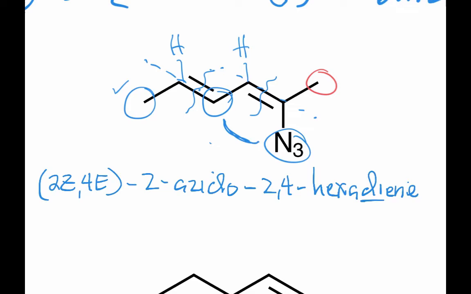All right, I've got the 2 because I've got the 2 double bonds at the 2 and 4 positions. All right, so all together, 2Z,4E, 2-azeto, 2,4-hexadiene. So I had to assign stereochemistry, E or Z, to both of the double bonds.